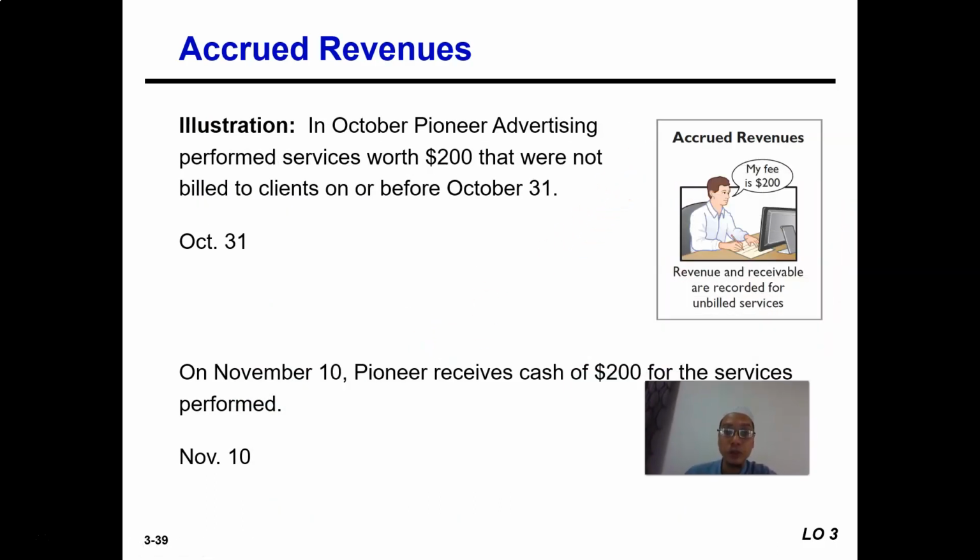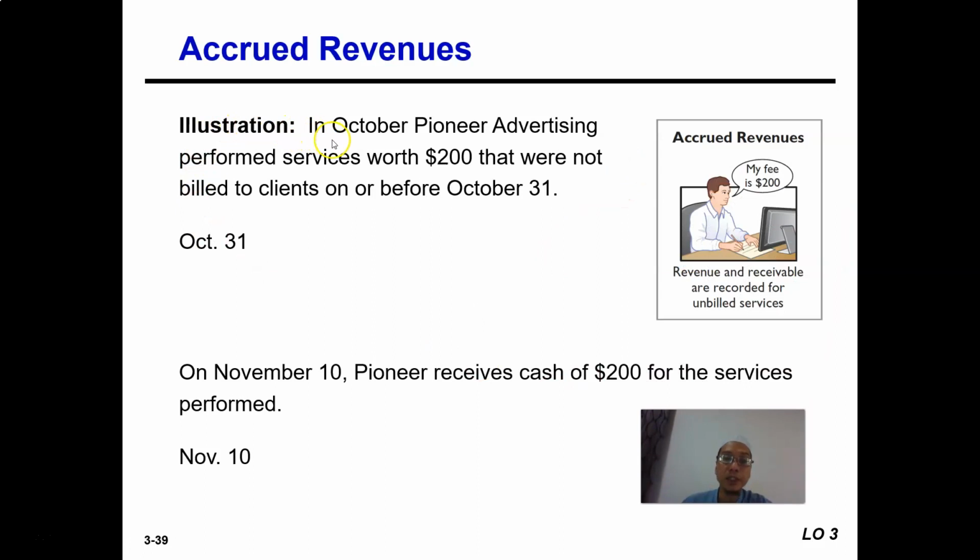For example, in the illustration, in October, Pioneer Advertising performed services worth $200 that were not billed to clients on or before 31st October. Pioneer has not sent an invoice to the clients by the end of October.